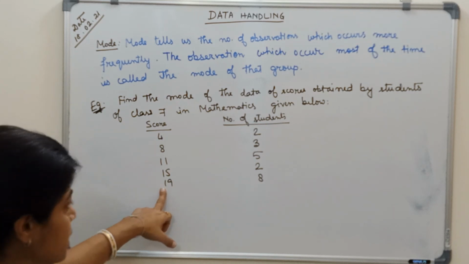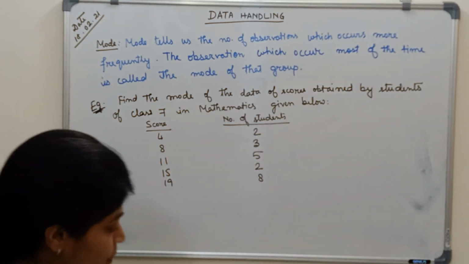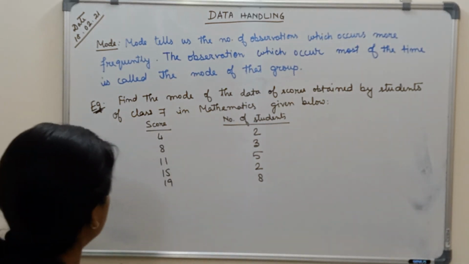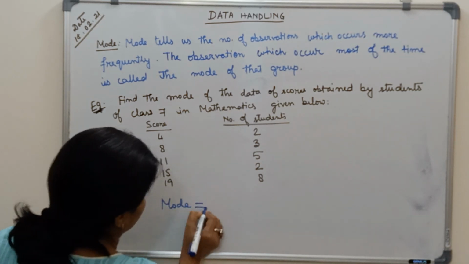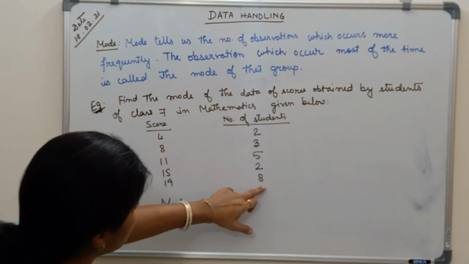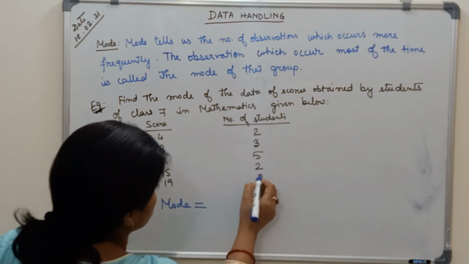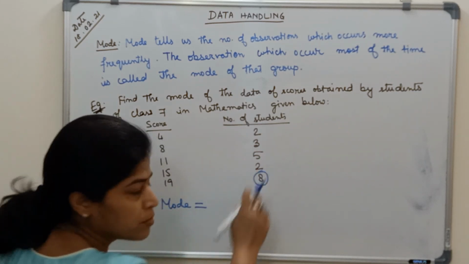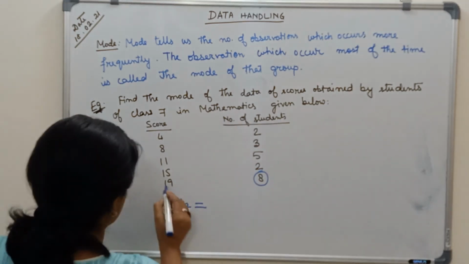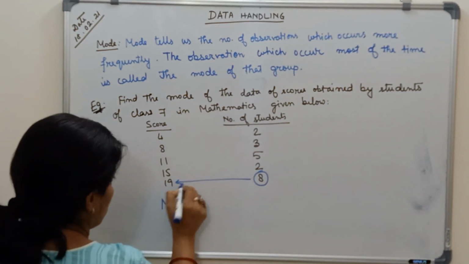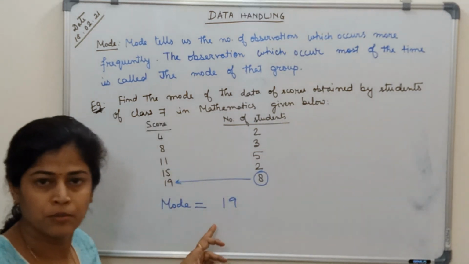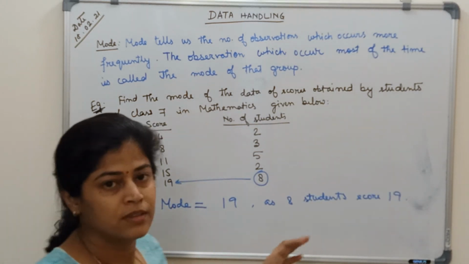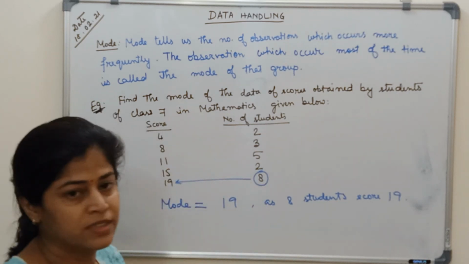So what will be the mode? 8 is the highest number of students, so 8 is the frequency here. So 8 students got 19. So 19 is the mode here. Thank you. This is all about data handling.